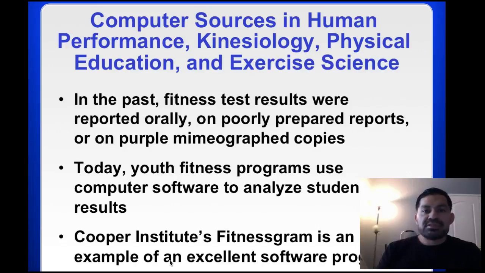In the past, fitness test results were reported orally on poorly prepared reports or on purple mimeograph copies. So we've come a long way since then, and it's a lot easier to present data and to analyze it and have people understand what our study has produced. So it's a lot easier to do that.